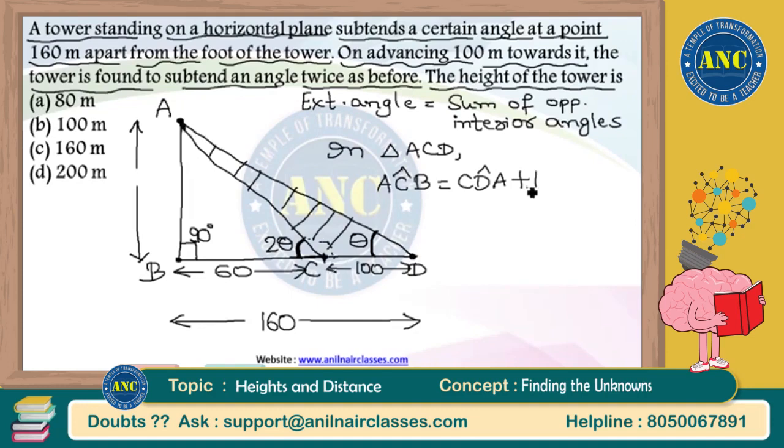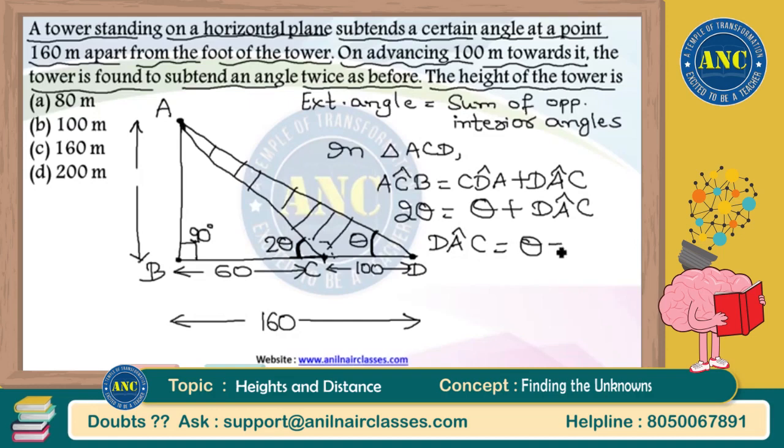I hope you are understanding. DAC is another angle. ACB is 2 theta. CDA is theta. DAC I don't know. So DAC will be equal to 2 theta minus theta, which is theta. And angle CDA is also equal to theta.